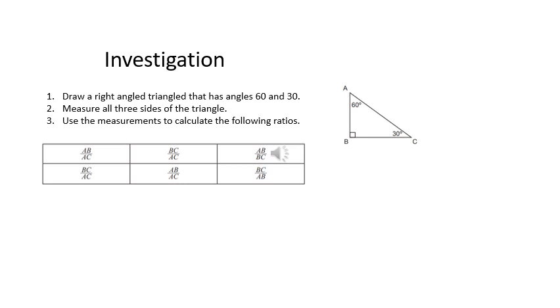I will give you 5 minutes to do this. At the end, after you have measured and calculated the ratios, compare your ratios with the person sitting next to you. These ratios should actually be the same. If not, it will mean that one of you drew an inaccurate diagram.